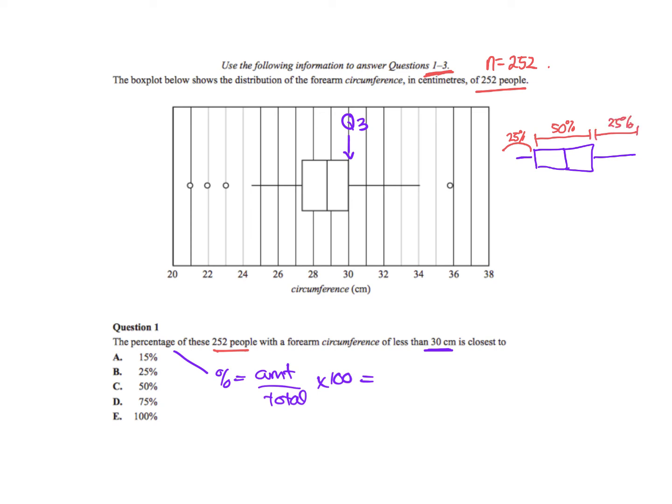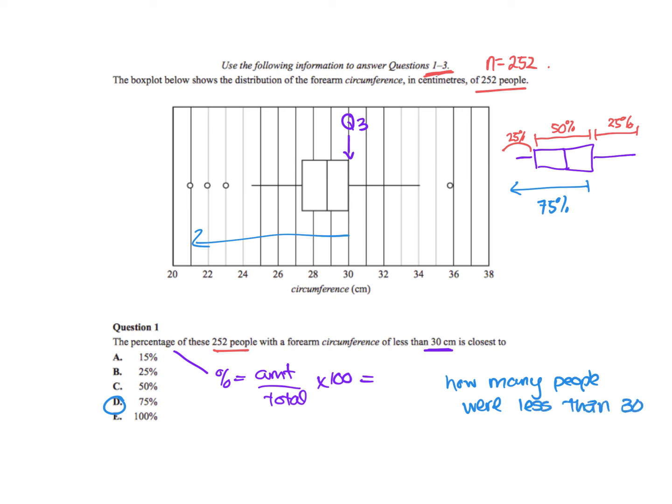So if we're going from Q3 onwards, how much is less than that if you add up all those percentages? It'd be 75. If you were asked how many people were less than 30, then we would say it's 75% of the 252, okay?